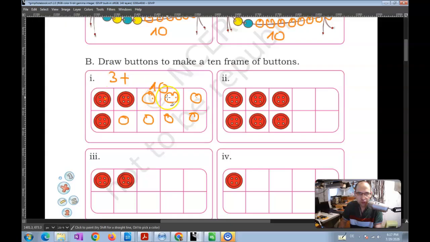And if you draw 7 buttons, 1, 2, 3, 4, 5, 6, and 7, that makes a 10. Or over here I already have 6 buttons drawn, and if I draw 4 buttons, I will have 10 buttons. So I have 1, 2, 3, and 4. Now the whole box is complete, so that means I have 10 buttons.